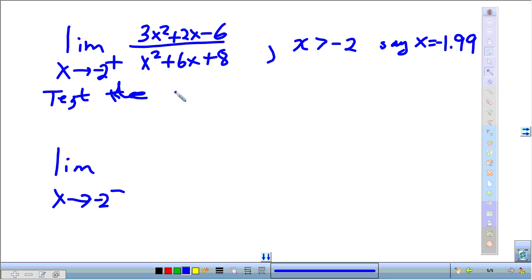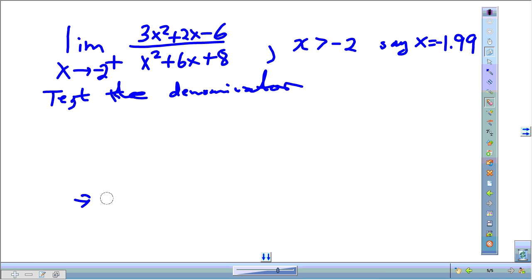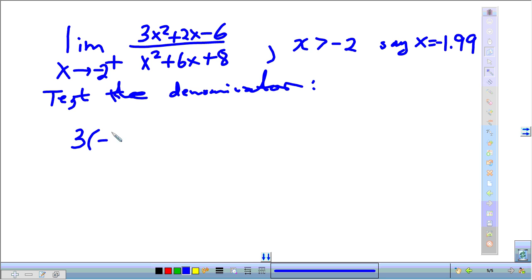So let's look at this denominator. And take our test value, minus 1.99.